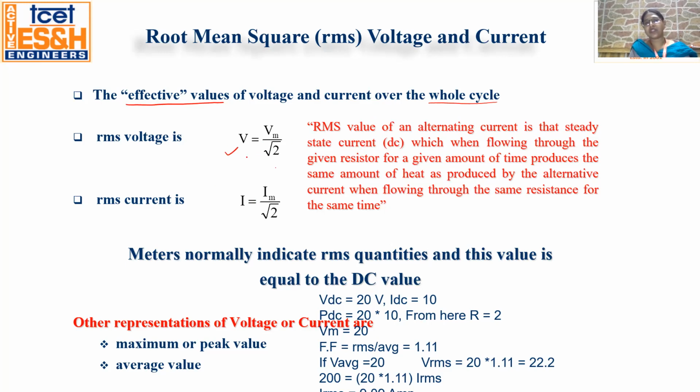Here you will see this. This is the RMS voltage and this is the RMS current. Clear? So you have to increase your voltage by √2 times. Okay, by how much do you have to increase the maximum value? √2 times. So √2 times the maximum value will give you the equal amount of heat generation. So AC power is nothing but VRMS multiplied by IRMS. Clear?